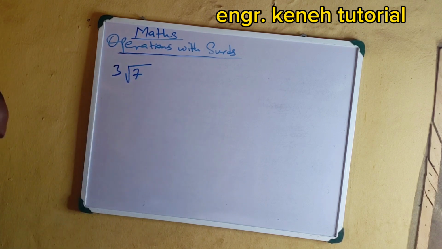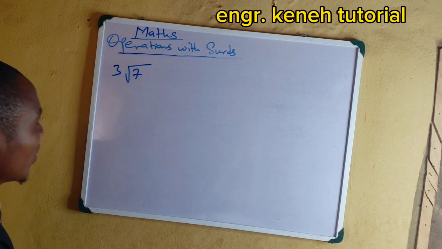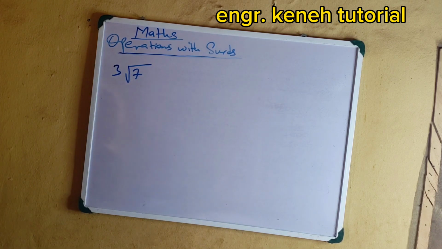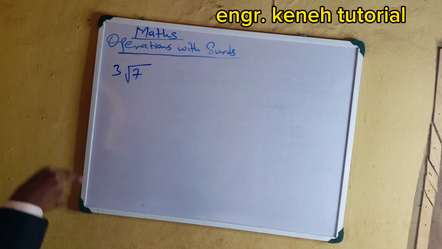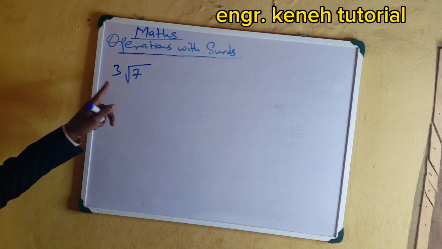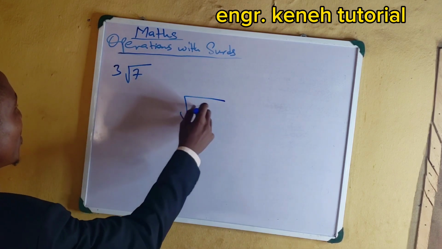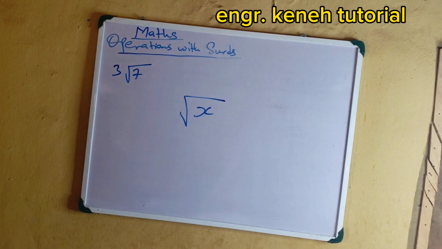This is a simplified surd, but here they want you to make it a single surd. Single surd simply means they want every part of this to be irrational. That means everything should be inside this root. They don't want this kind of part outside the surd. You have to convert everything to be inside the root for you to have something of this nature. That's what they want to see.